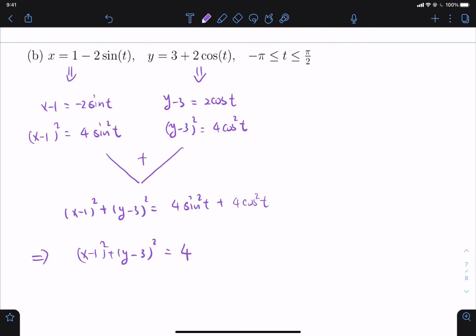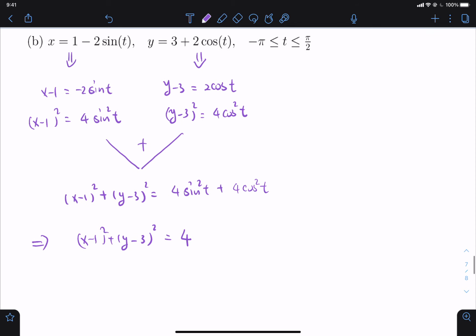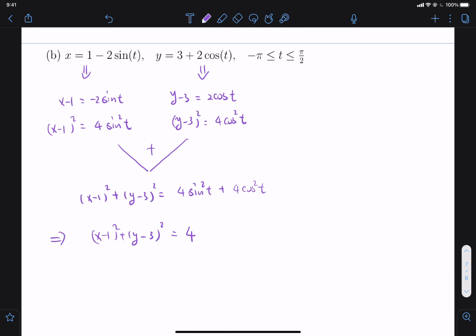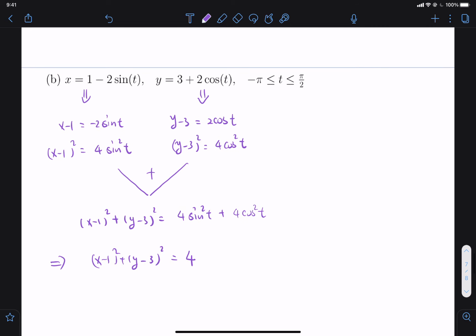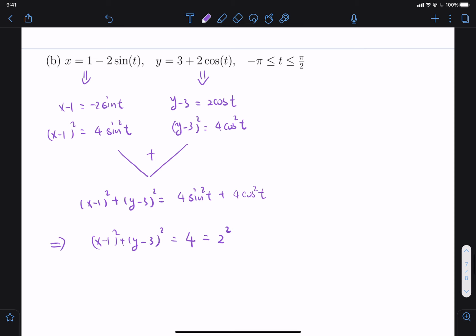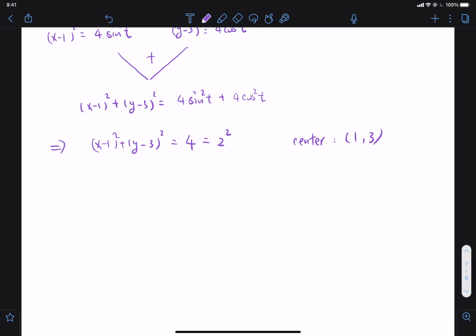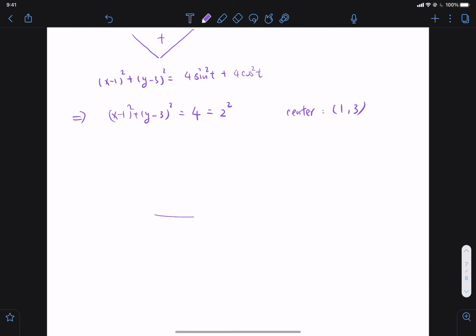So when that is equal to 4, that means we have a circle with radius 2, so 2 squared. And the center of the circle should be at this point, 1, 3. So center is 1, 3. Okay, so that is very simple.